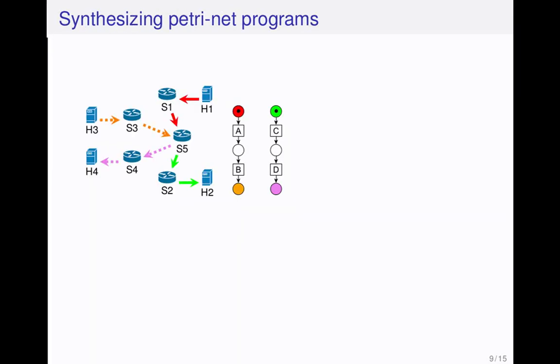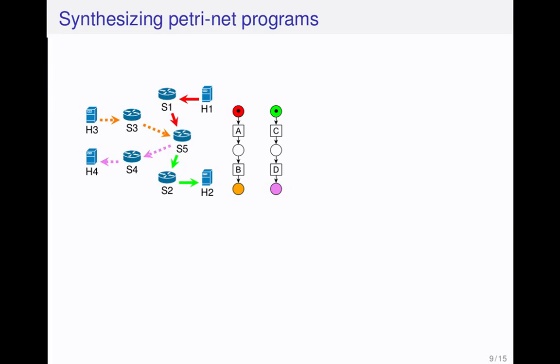Okay, so let's look at an example of how our synthesizer works. This is the Petri net program corresponding to the previous example with the two controllers. The left Petri net, with red and orange, corresponds to controller 1, and the other to controller 2.